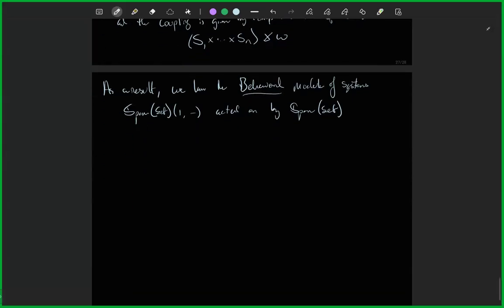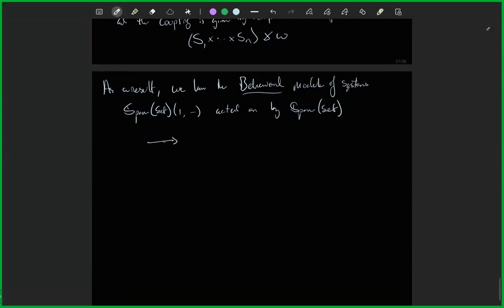And when I say acted on, remember, the idea is that we had these, I think I drew them in green in the last lecture. We had these systems here, and then we had these interactions here, right? But now, in our case, this is going to be a span.